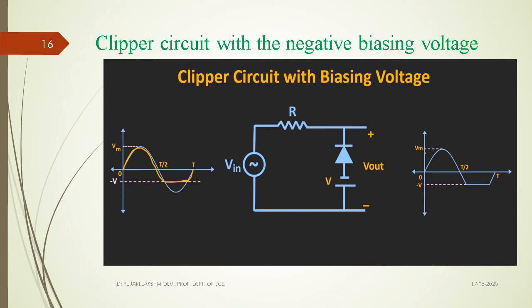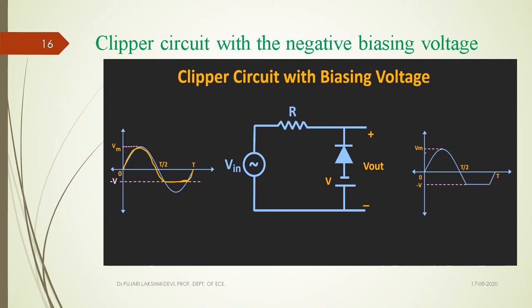After crossing this particular voltage, when the input voltage is again greater than this negative supply connected to its anode, the cathode voltage is a higher potential compared to the anode potential. At that time, the diode becomes reverse biased again, and the output follows the input. The same waveform repeats here.